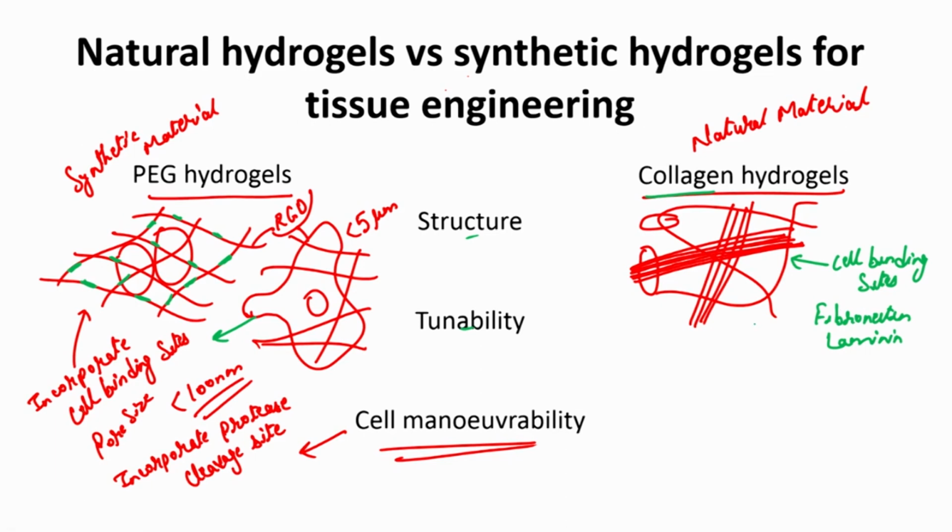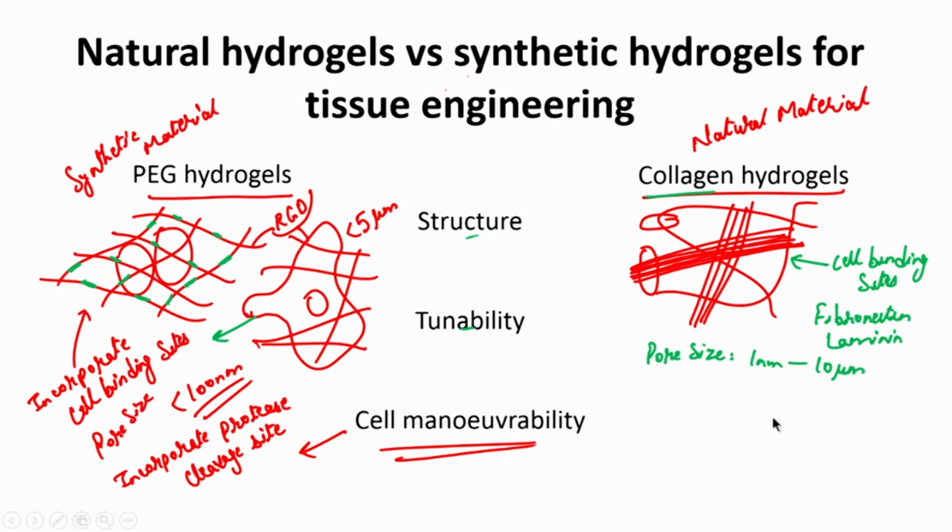Because these fibers have self-assembled into big fibrils, the pore sizes are very different. Typically the pore size in such a gel can range from, let us say, 1 nanometer all the way to tens of microns.